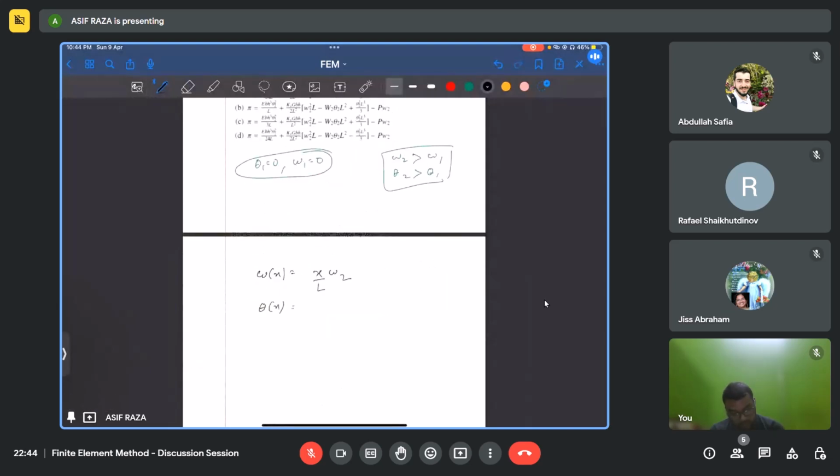Similarly, theta of x equals x by L times theta2.